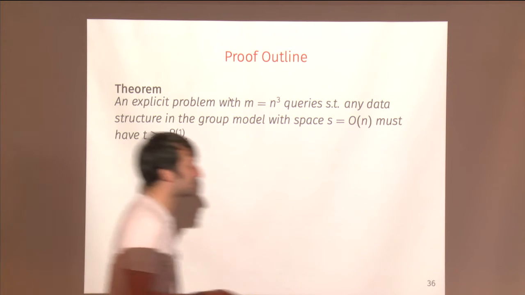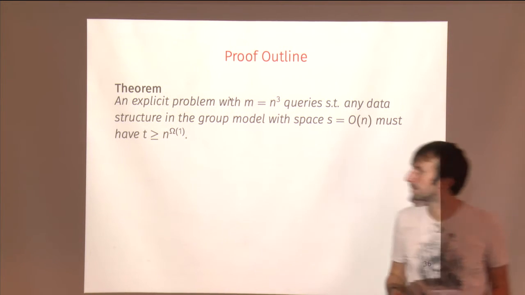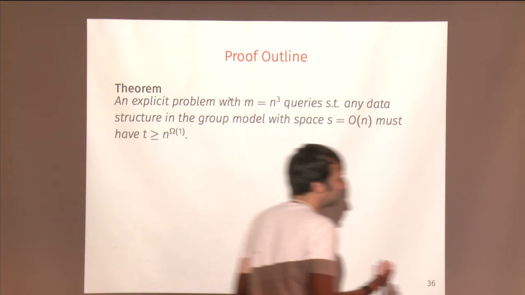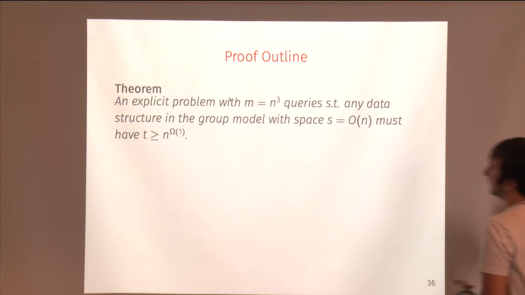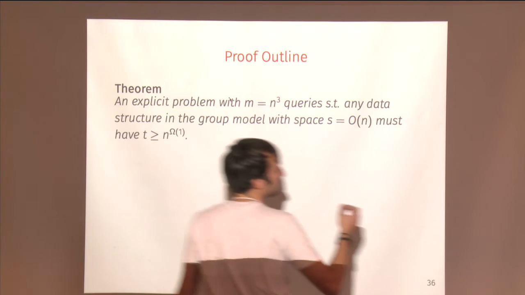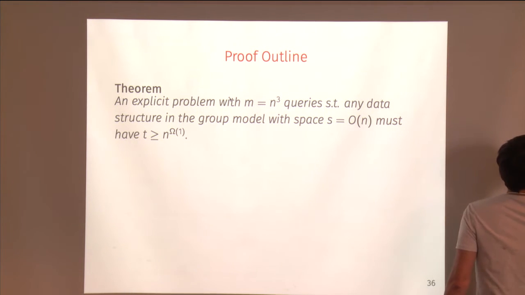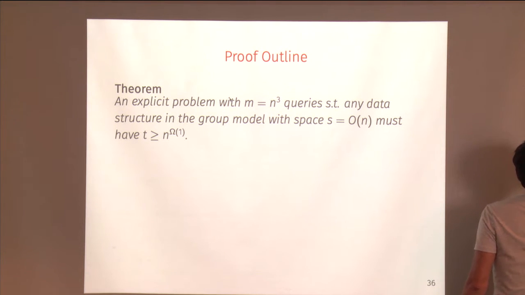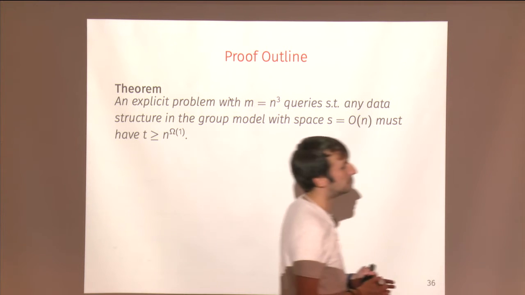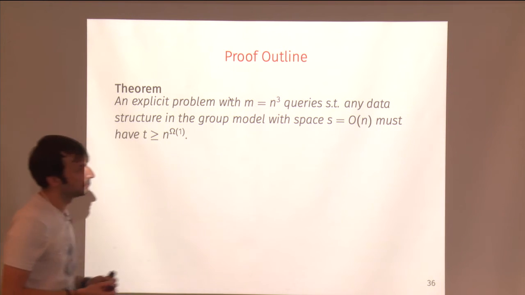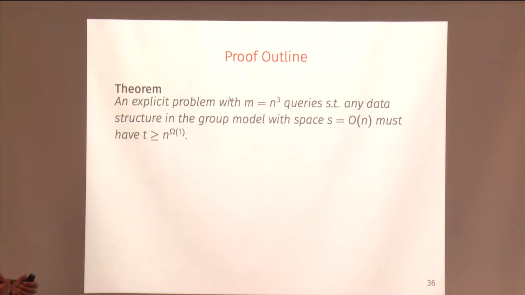What we prove here is the following: t to the s must be n to the order of n. So when s is linear, t must be polynomial.